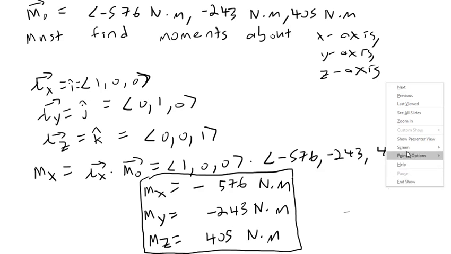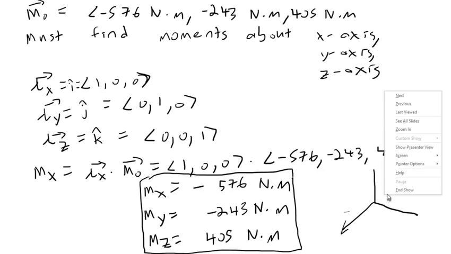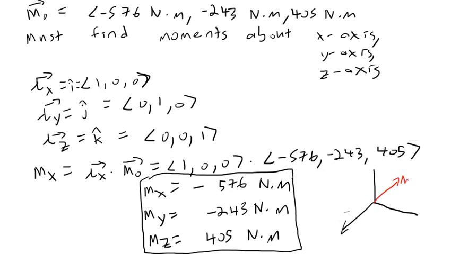So, in other words, and we'll look at this more when we get into couples tomorrow, if you have a moment vector M, which means a moment about some arbitrary axis, it has a component about the x-axis, Mx.